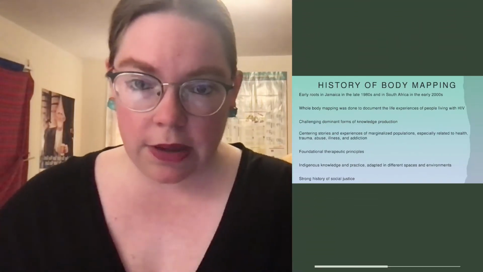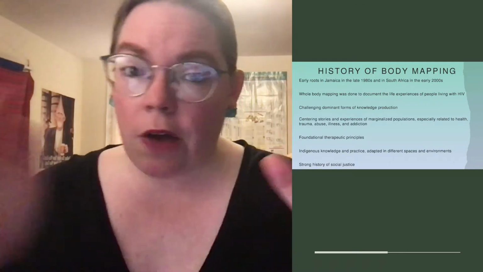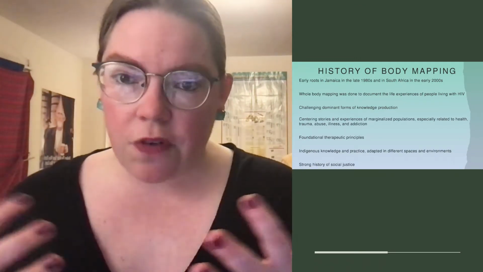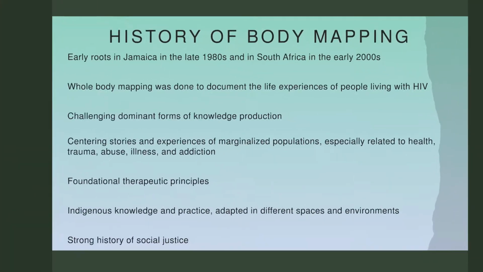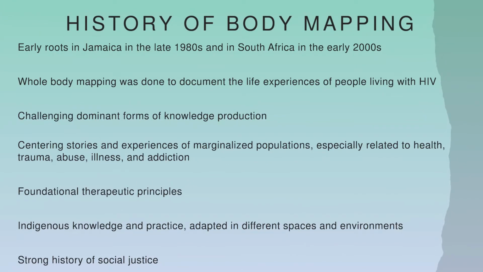So, some of the history of body mapping, and I'll offer more sources at the end as well if folks are interested in learning more. Essentially, it has its early roots in Jamaica in the late 1980s and in the United Kingdom as well, with cisgender women exploring reproductive elements of their bodies in cross comparison with each other and cross-cultural comparison. And then in South Africa in the early 2000s, and these are not necessarily connected.